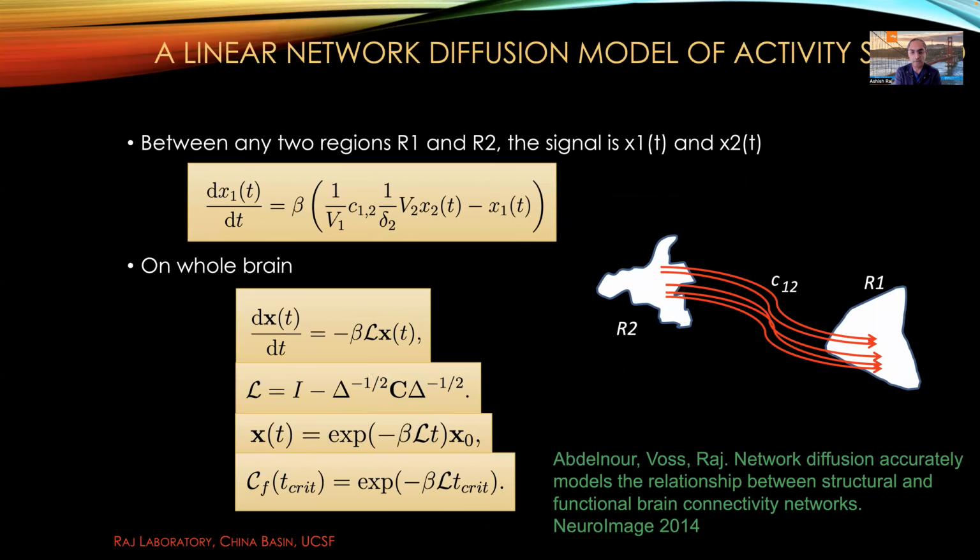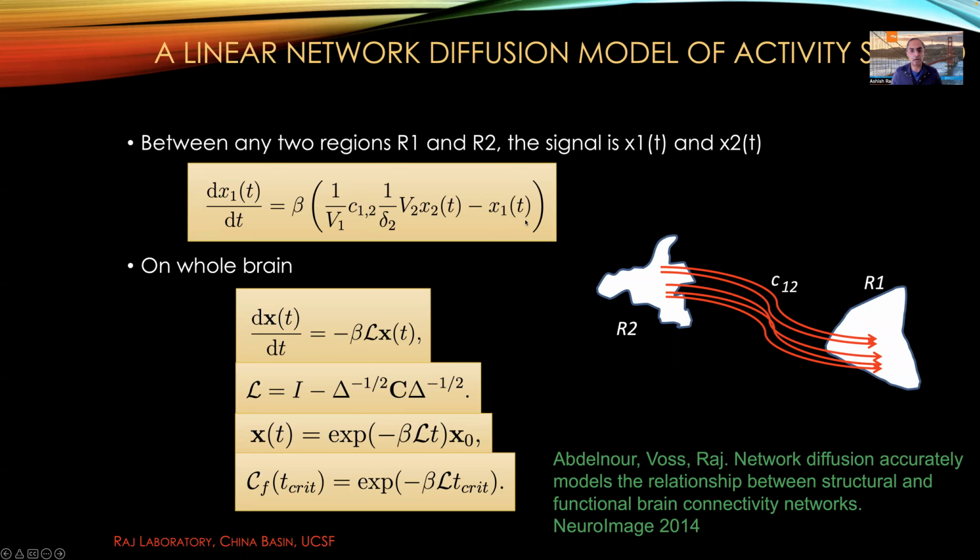So to begin with, I want to propose to this audience that a very simple linear model of diffusion on this graph is sufficient to recapitulate functional connectivity. How do we model diffusion? Exactly as in the real physical space, where the diffusivity from region 1 to 2 is governed only by two things, the concentration gradient, x1 minus x2, and the fatness of the pipe, C12, and that's the part that comes from connectivity.